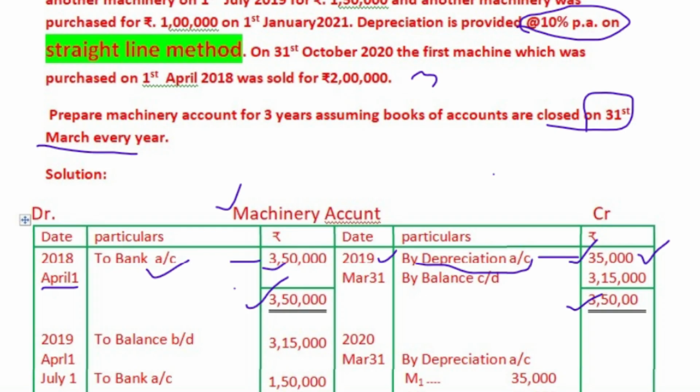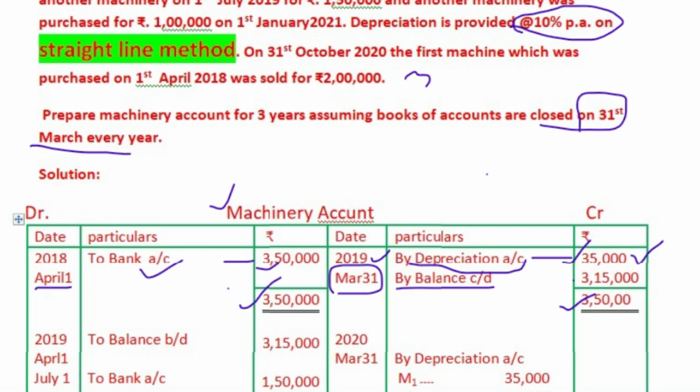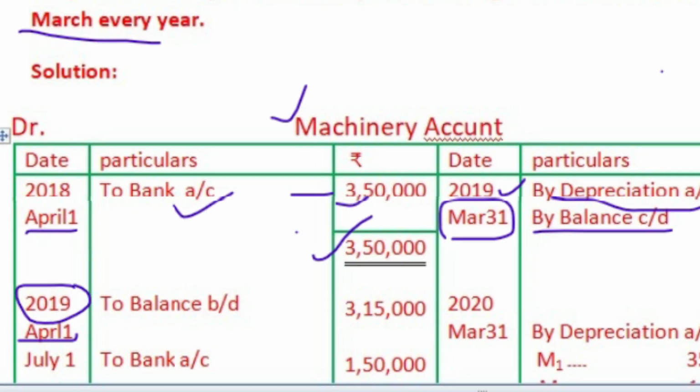The balance obtained is 3,15,000, and this balance shall be transferred to next year, that is, after 31st March, on April 1 2019, balance b/d.